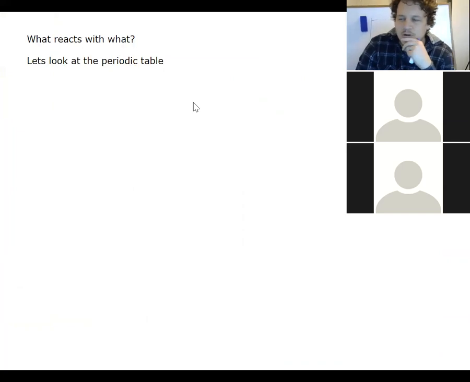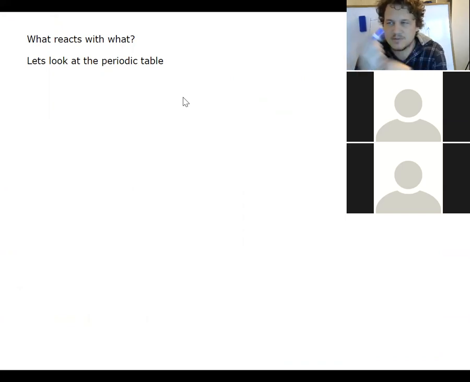And if we look at the periodic table, we can tell what might react with what. So if we think back to our groups, group 1, 2, 3, 4, 5, 6, 7 are all trying to get to the same configuration as group 8.